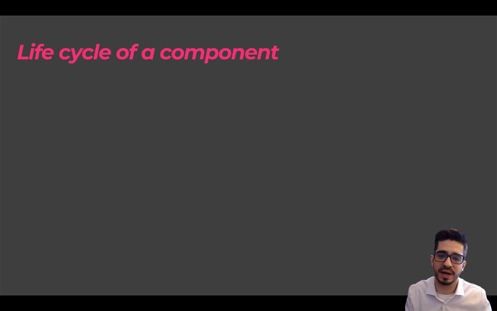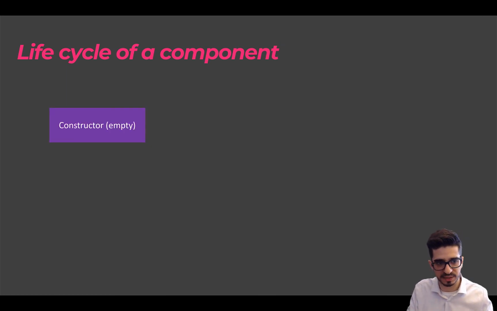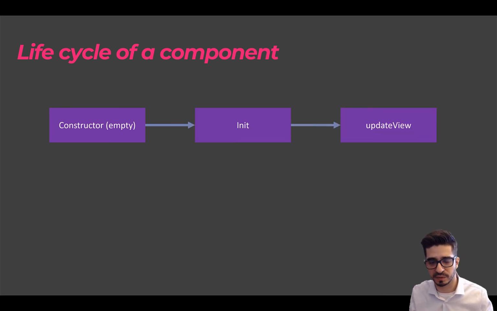So here is an example of how a component will be executed. The constructor is first called when the form is built, okay? Then the init function that builds the PCF, and finally the update view function.